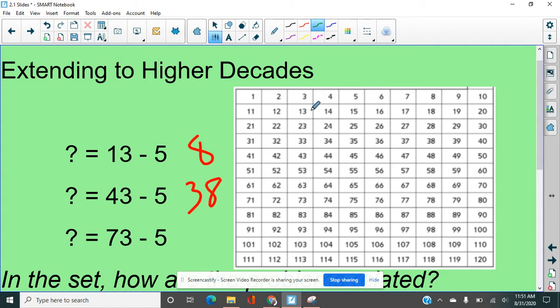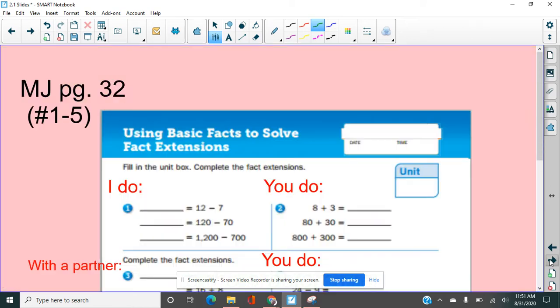So I went from 13 minus 5 equals 8. 43 minus 5 equals 38. 73 minus 5, I know it's going to end with 8. 68. So you can see that we can use what we know in order to figure out new things.